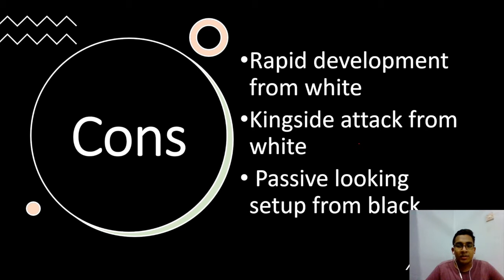Let's say white has knowledge of only two or three variants, and black knows almost all of them.